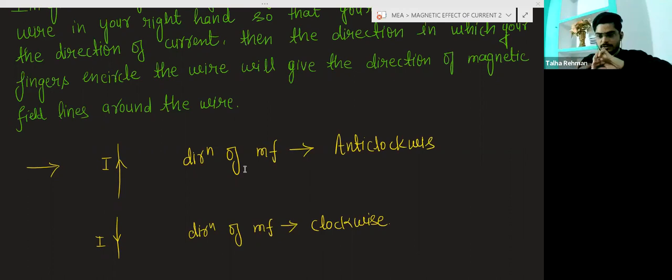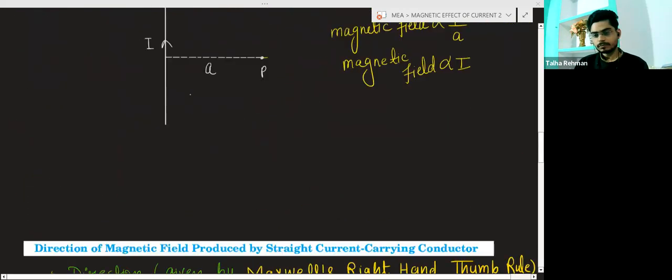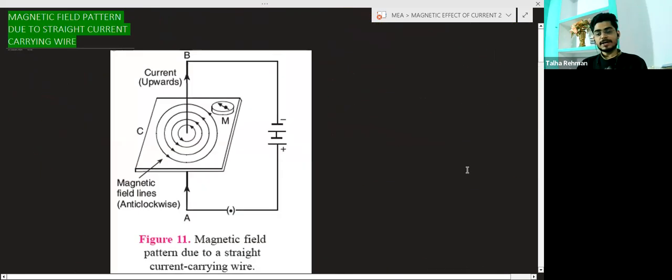This time the current is downward, so put your right hand thumb, not left hand, in the downward direction and encircle like this. This direction is clockwise. So basically this is all about the straight wire.